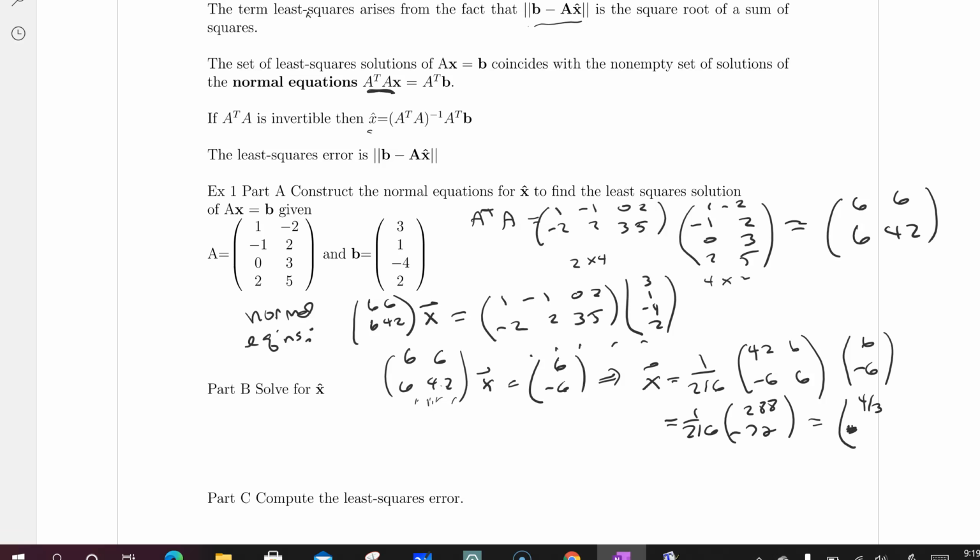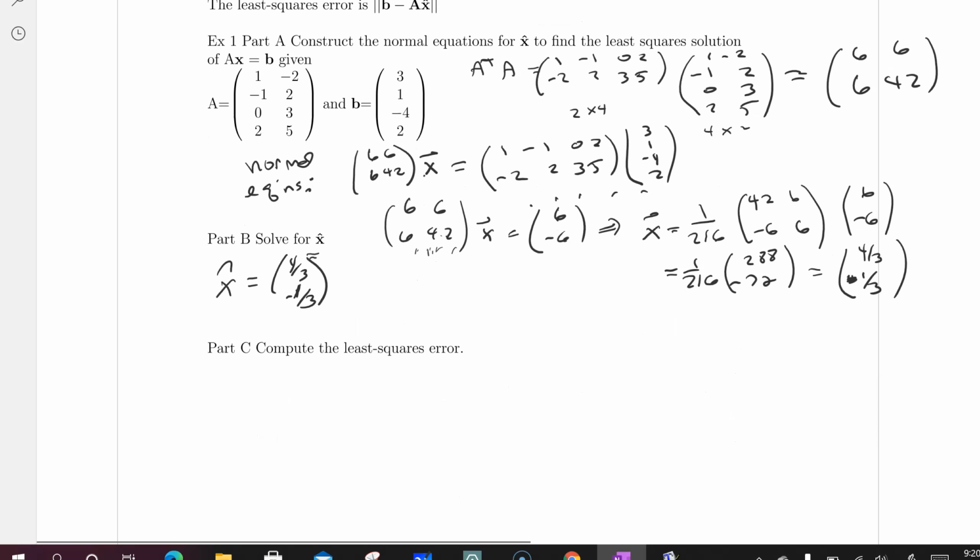That is the solution, and I'm writing x here, but it truly is x hat because I'm solving for the unsolvable. So x hat is 4/3, negative 1/3.